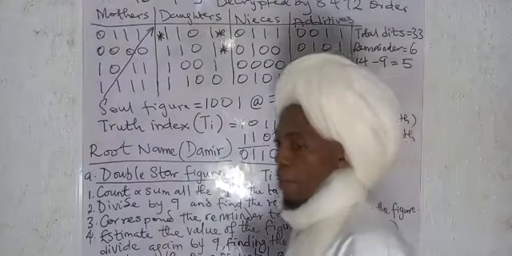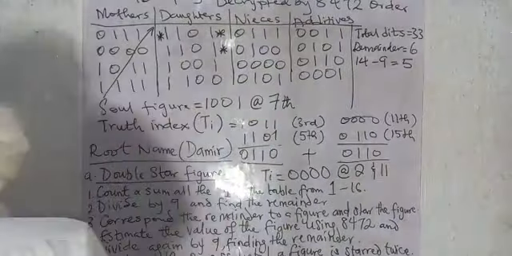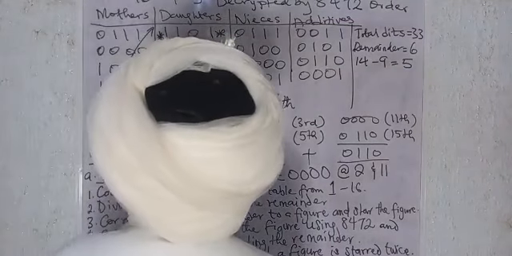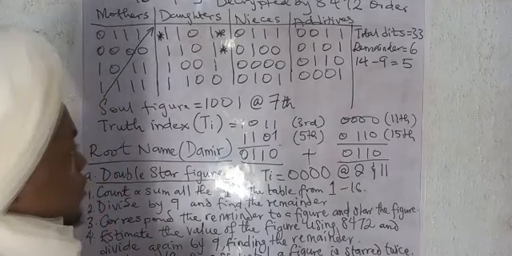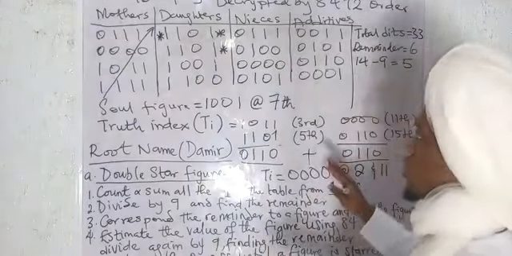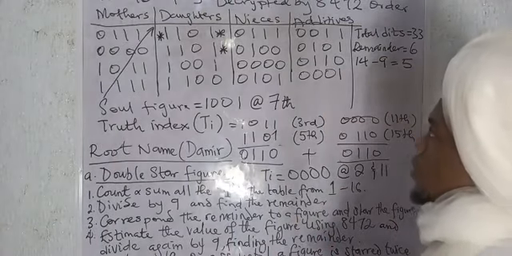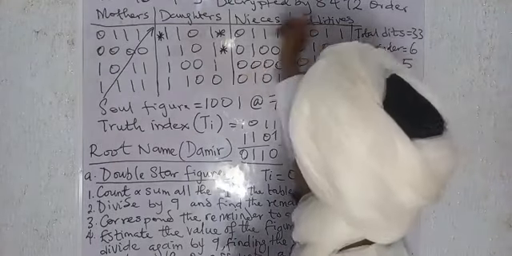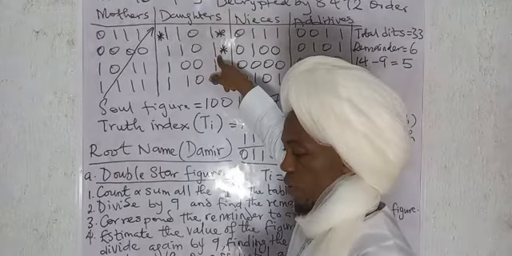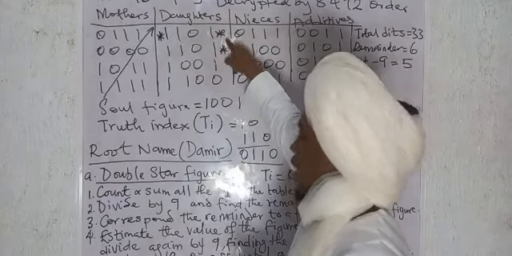I use another method. But because of time, we are already against time, so I won't go through the other method. When I used the other method, it landed me at house 5 again.